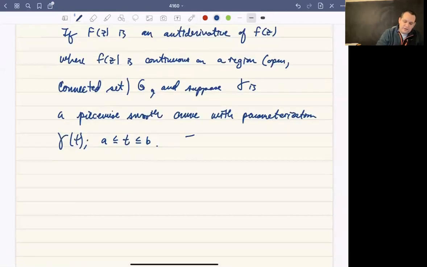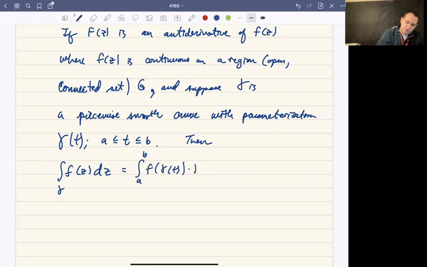And so if we have all of these nice things, then the line integral of f over gamma, by definition, we know is the integral of f of gamma of t times gamma prime of t dt.